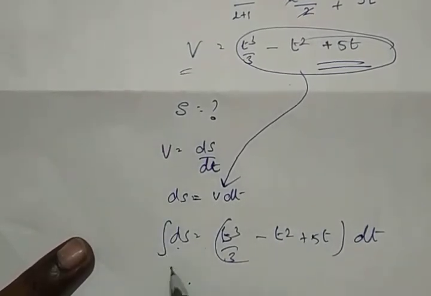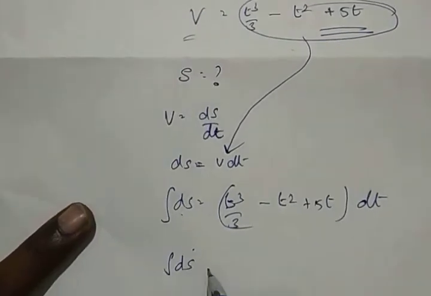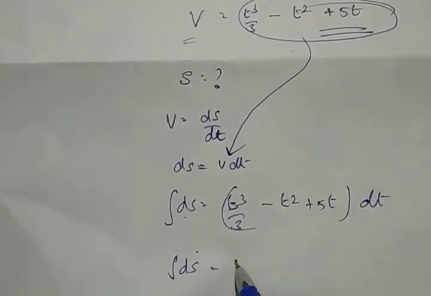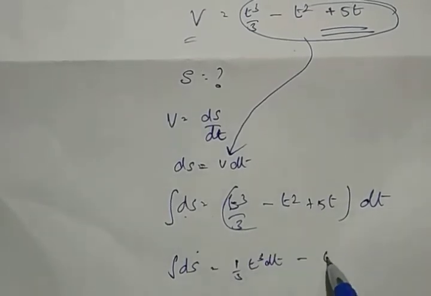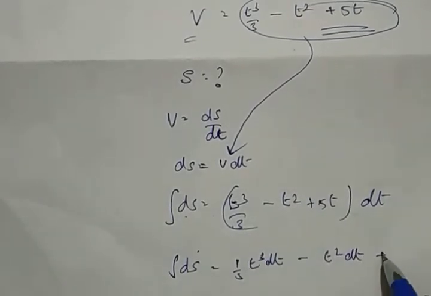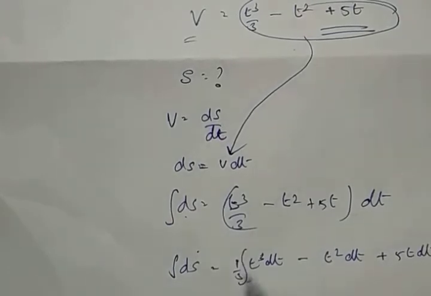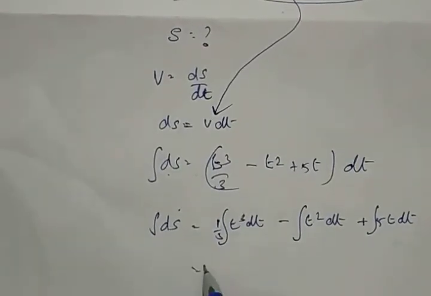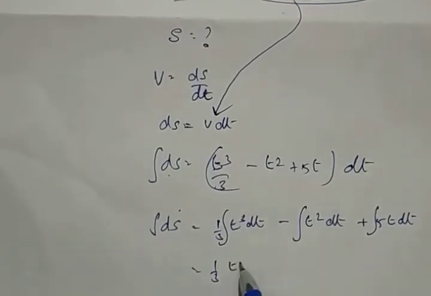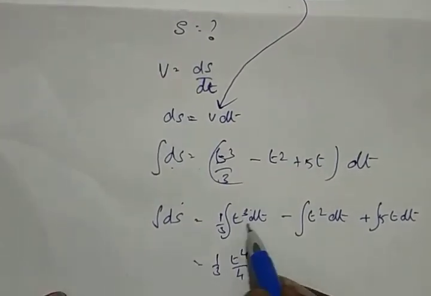So ds is going to be equal to 1 by 3 t cube dt minus t square dt plus 5t dt. Everywhere put integration. So what will this become? 1 by 3 into t to the power of 4, add this one, upon 4, divided by the same power.